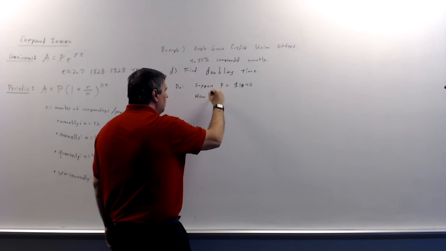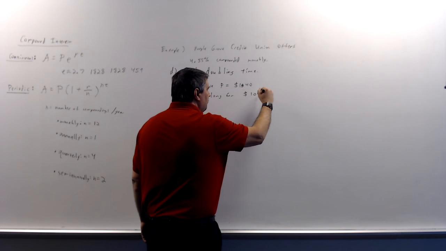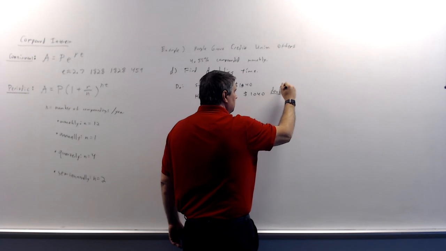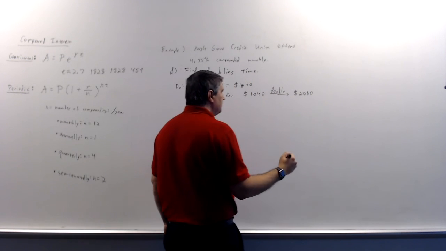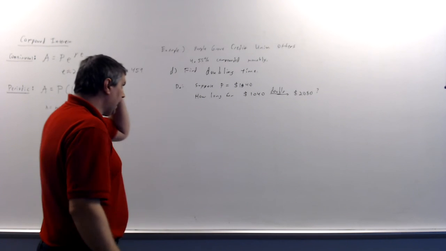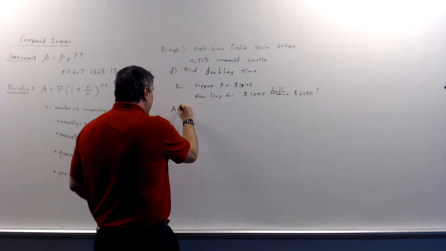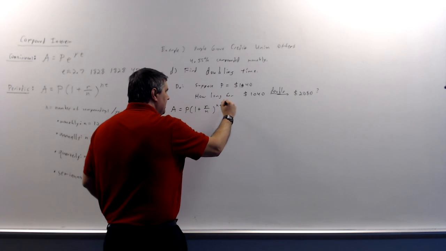How long for 1,040 to double to 2080? That's the question, okay? So I want to know how long it will take if we have A equals P times 1 plus R over N to the nth power.